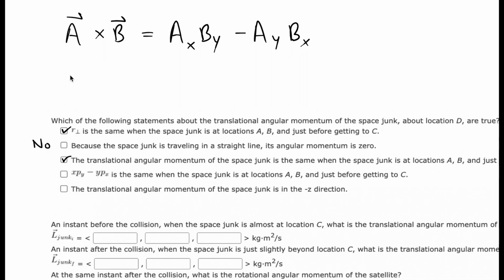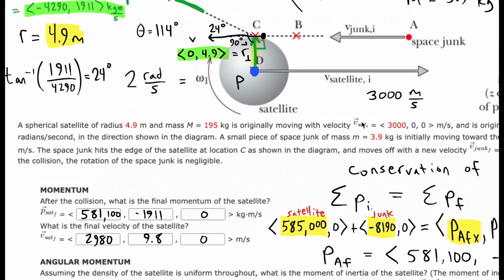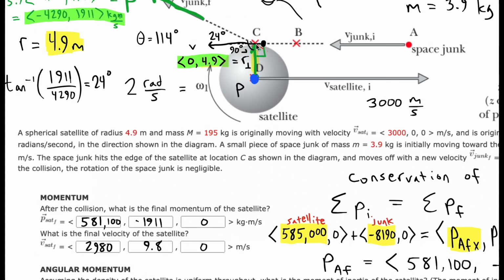The vectors in question here are r and p, and so we have rx py minus ry px being the way that we calculate angular momentum. So rx and ry can be rewritten as just x and y. And so is it the same no matter where the junk is located, A, B, or C? It would be the same.